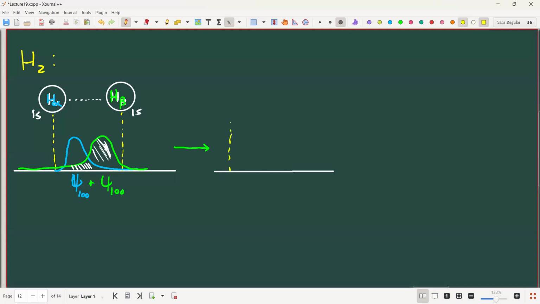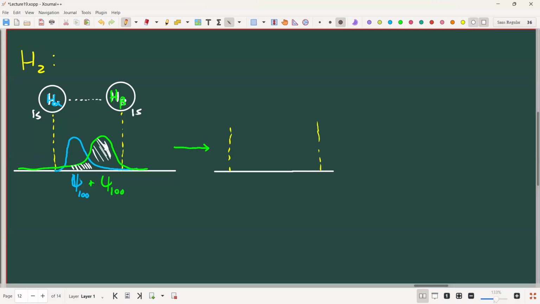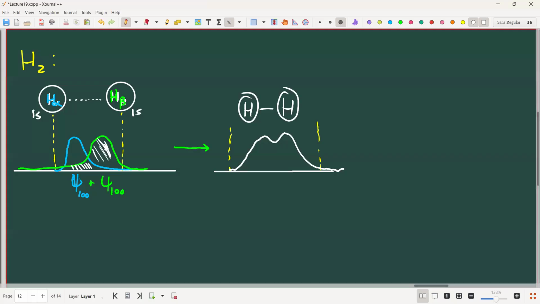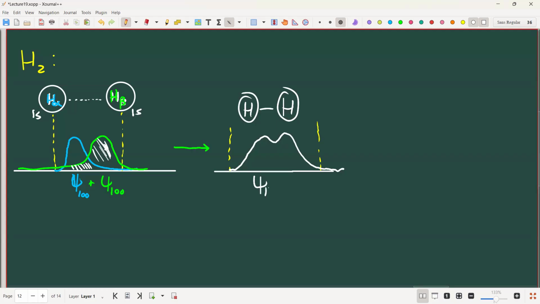So we get this function where both of them add together. Maybe it looks something like this. And this would be the wave function, if you will, for the bond. This is the psi H2 bonding.